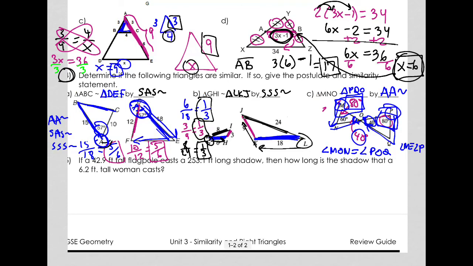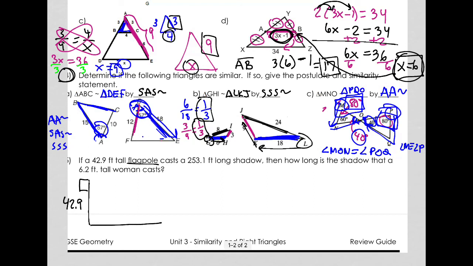All right, so last question. So now we have a description, and I need to erase this so I can see it. Oh, let's just erase it all. Okay, so it's describing a flagpole. So here's our flagpole. It is 42.9 feet tall, so 42.9 feet, and it casts a shadow. Remember, shadows will be on the ground. That's 253.1 feet. So you should see when you have a shadow, you have a right triangle.